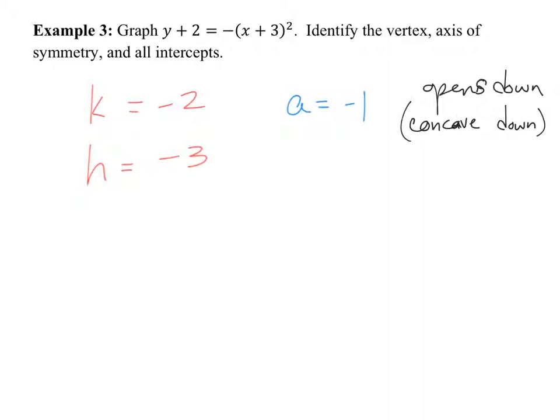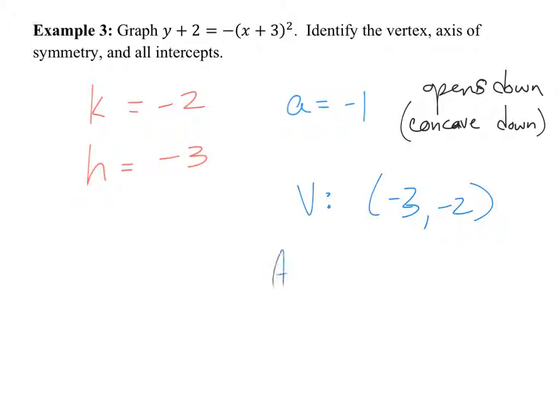H and K. What do H and K tell me? Yeah, the vertex. Okay, the vertex is going to be negative 3, comma, negative 2. H, comma, K, always. Remember, it's the horizontal shift for H and the vertical shift for K. The axis of symmetry.